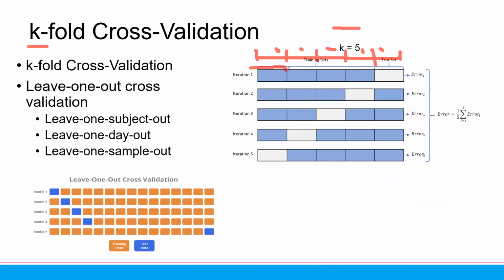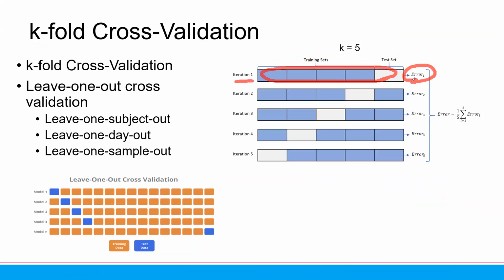The blue color will be used for the training set, and the remaining will be used for the test set. We call this iteration 1, or the first iteration. When you create the model with this data, we will check the error. Next, we go to iteration number 2.